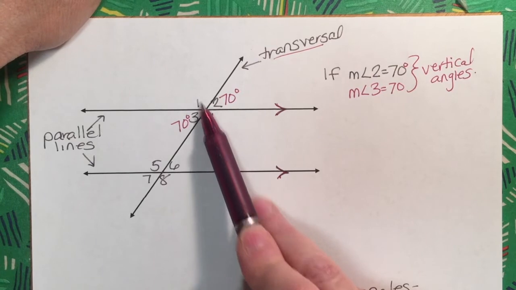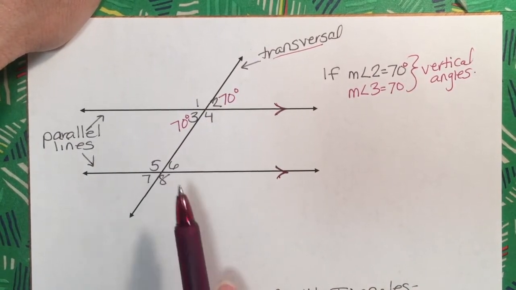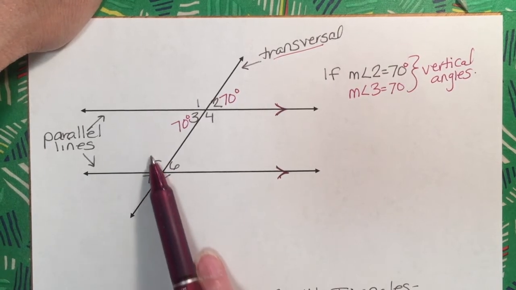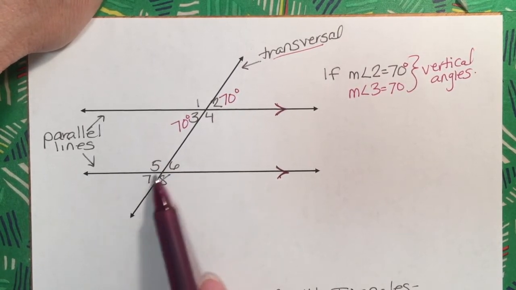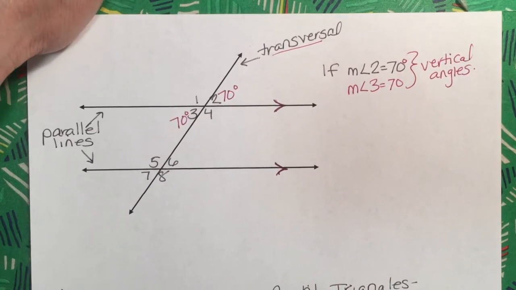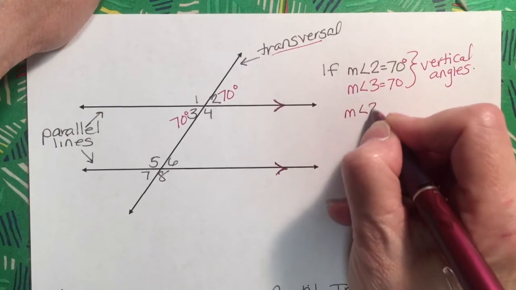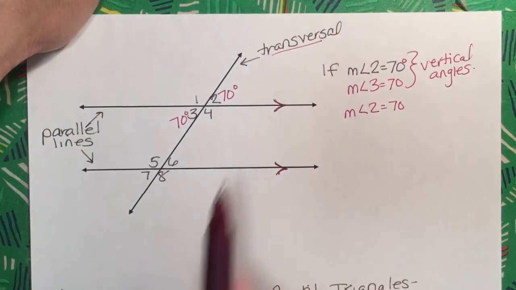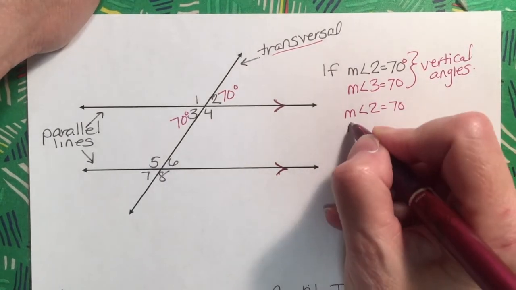Those are vertical to each other, right? Down here on the lower level, on the other intersection, angles 5 and 8 are vertical. And so is the pair of angles 6 and 7. Okay, so any pair of angles that are opposite each other in an intersection are vertical angles, and they have exactly the same measurement.